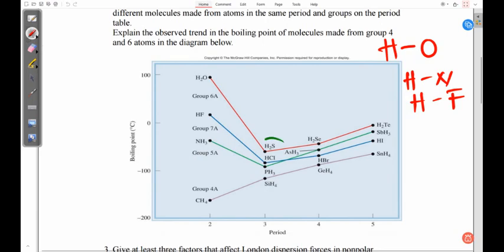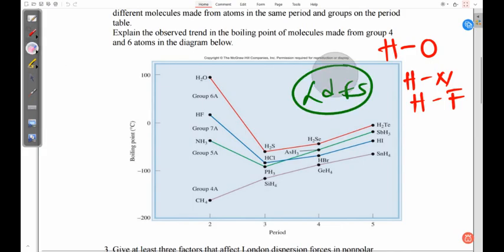Now these other ones, if you begin observing them, they don't have hydrogen bonds. So most of them are actually non-polar. These two are not non-polar, but most of them are, so they are basically more dependent on the LDFs, which are dependent on the size of the molecules.